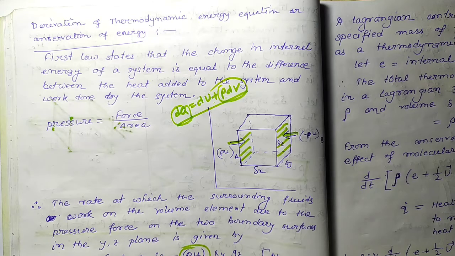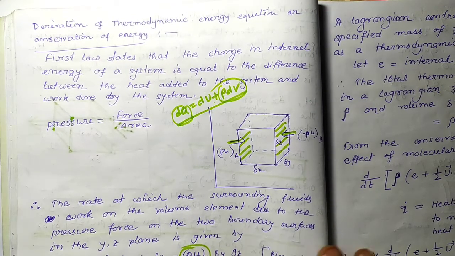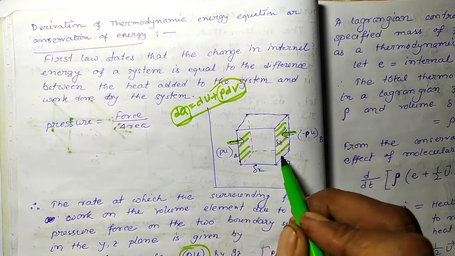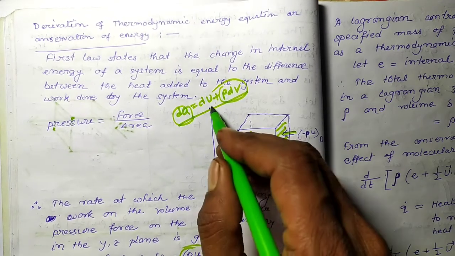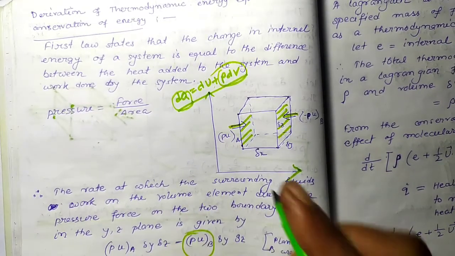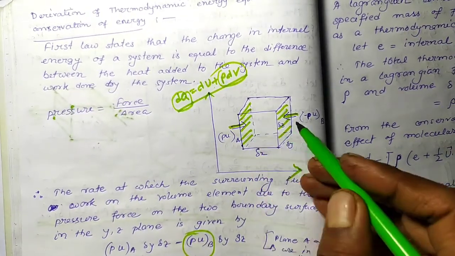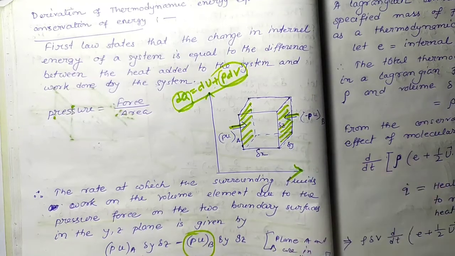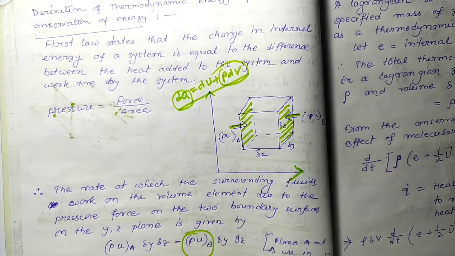So for that, let us consider a volume element dx, dy and dz, similar to the previous derivation. Here this plane is the y and z plane. Now we know that pressure is equal to force per unit area.